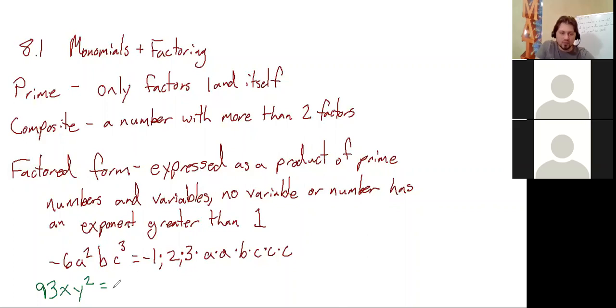So you have 1, 3, 31, and 93. So for this factored form, you would write 3 times 31, times x times y times y.